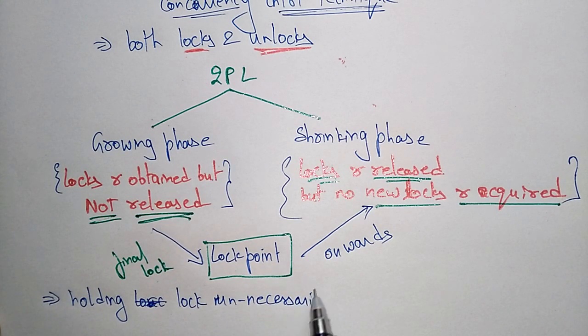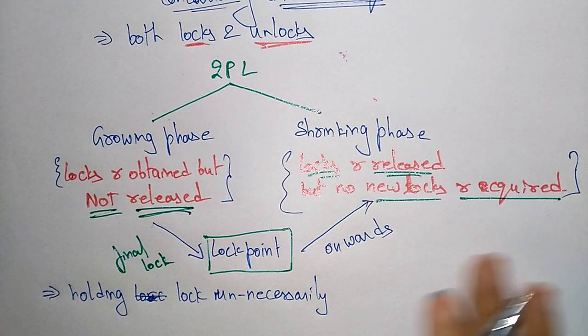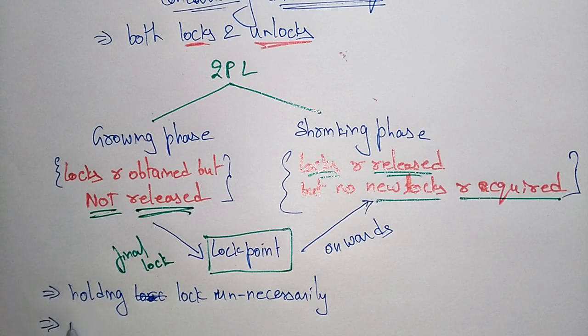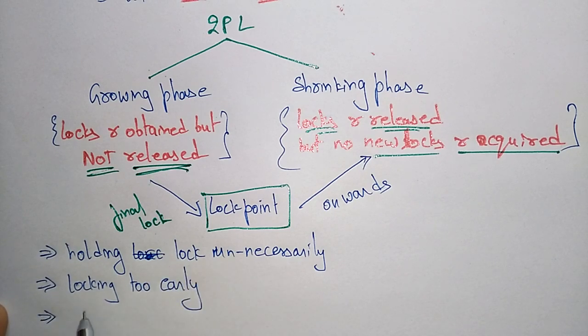Why is it holding locks? Because it creates security, so it is not allowing other transactions to see these transactions. It is locking too early, so that conflicts may not occur.